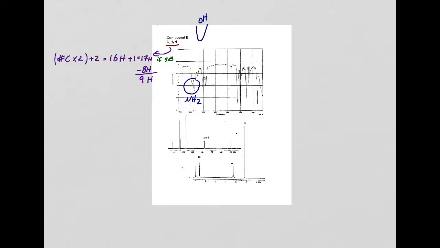I don't have an OH because, first of all, there is no oxygen in the formula. Use the formula. And plus, OH is a broad peak like that. And so this is my NH2. It has 2 peaks over here, and that means it has 2 hydrogen.